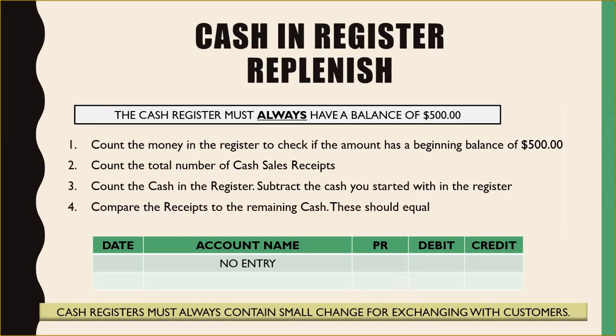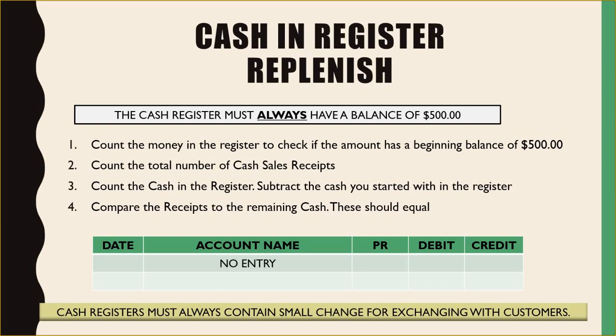So then with the cash register, how do you replenish it? You don't. Because at the end of the day, you're always going to have the original balance of the $500 that you started with, and then of course, plus additional, because you're increasing your money flow because you're making a sale.